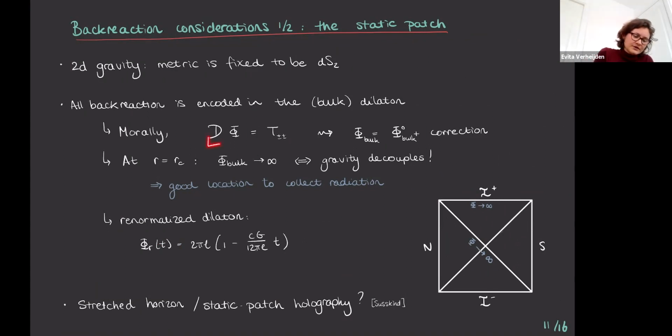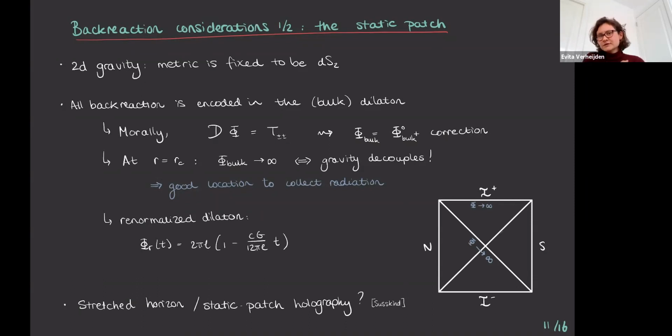There is just some differential equation for the bulk dilaton in terms of the stress tensor in the bulk, and one can solve this equation to find the corrected bulk dilaton solution. If we study this solution, what we see is that at the cosmological horizon, the bulk dilaton diverges. This is interpreted as a decoupling from gravity, because in the action, the dilaton appears as the inverse of the gravitational coupling.